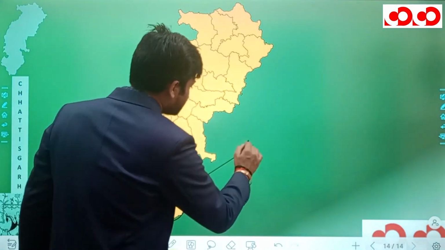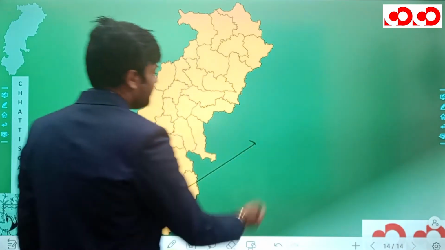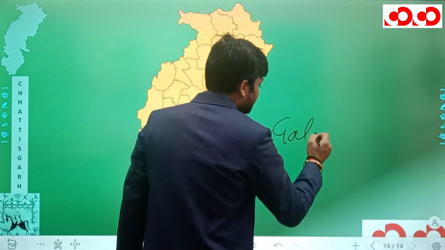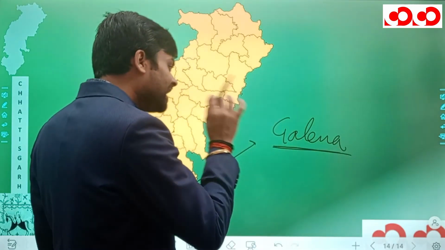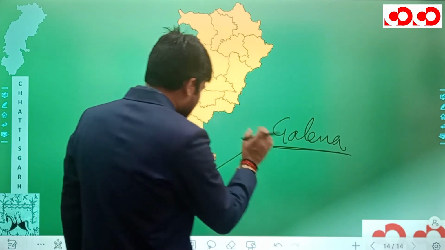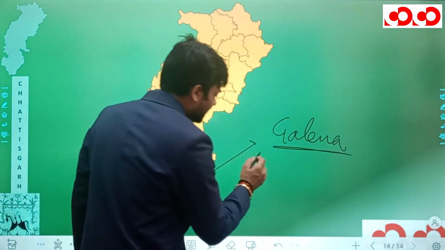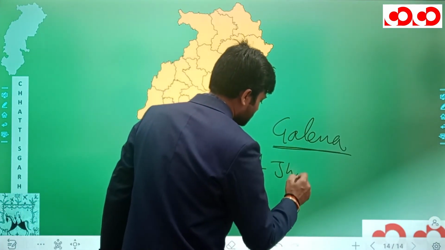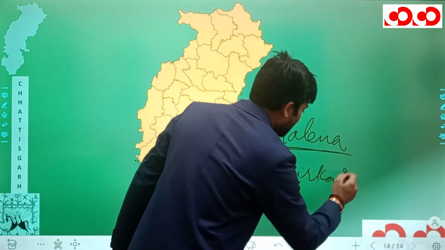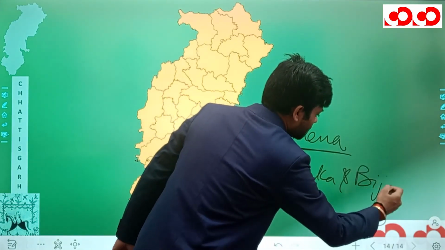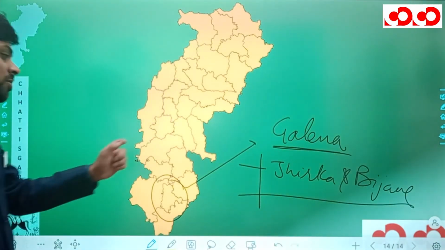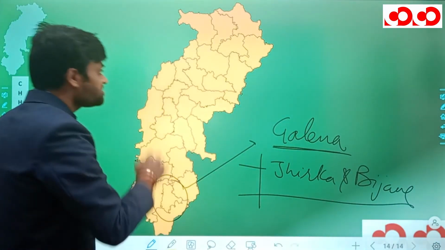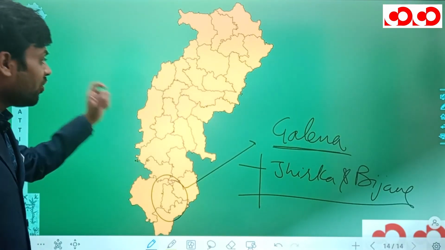And from this Dantewada district, we get galena, which is an important ore of lead. Now, this galena in Dantewada we get from Jhirka and Bijam. So we get galena from Jhirka and Bijam in this Dantewada district of Chhattisgarh.